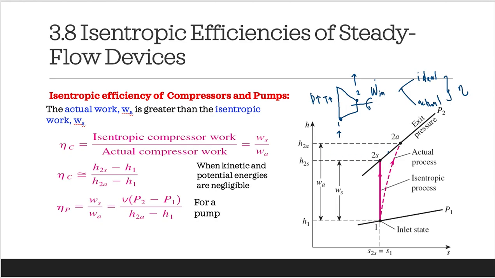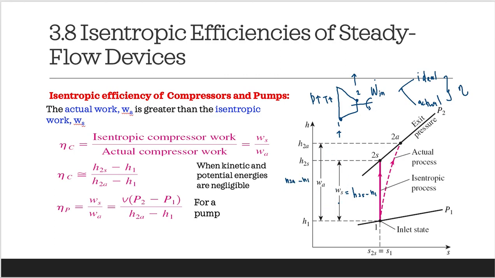The definition of work here, Ws, is the isentropic work, and it can be defined as H2S minus H1, and the actual work will be defined as H2A minus H1.